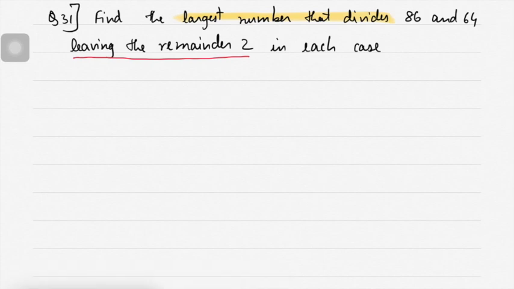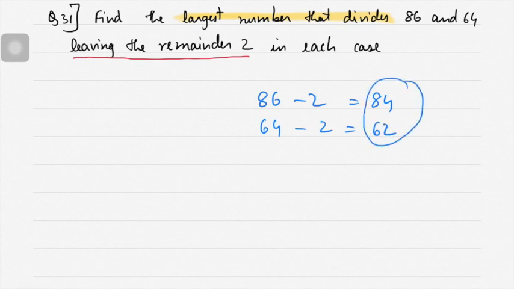Now leaving the remainder as 2, you want the remainder to be 2. Correct? So what you can do is just subtract 2: 86 minus 2, which is 84, and 64 minus 2, which is 62. Now find the HCF of these numbers, and that is the answer.